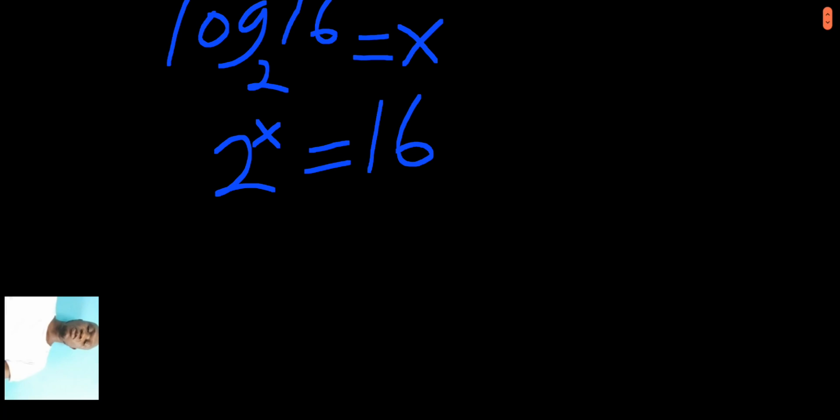Now we can use the laws of indices to find the value of x. 16 can be written as 2 to the 4th power. So we have 2 exponent x is equal to 2 to the 4th power.